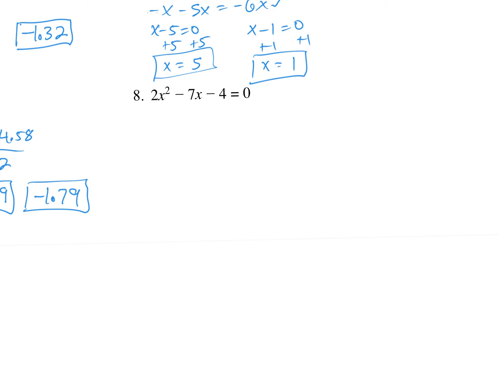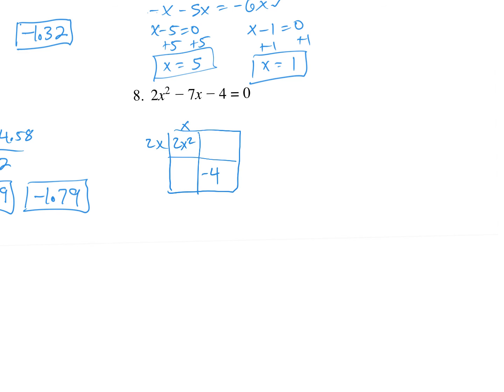Let's try here. 2x squared minus 7x. Well, 2 times 4 is 8, so I could possibly factor this. I'm going to try the box method of factoring. Here I've got 2x times x.